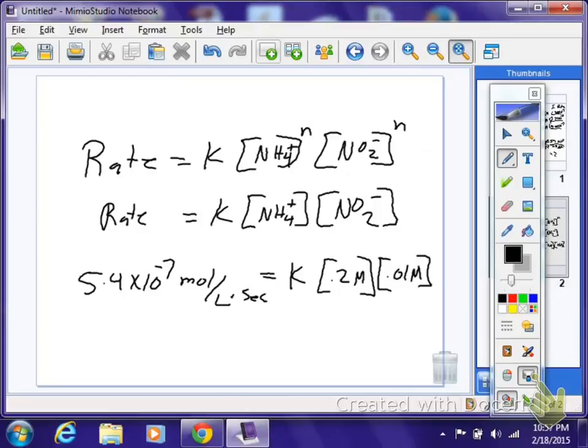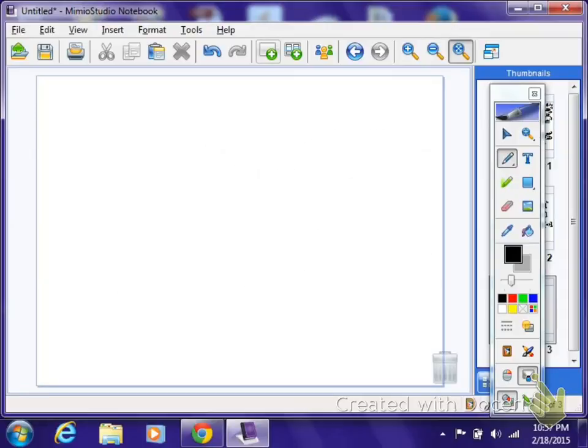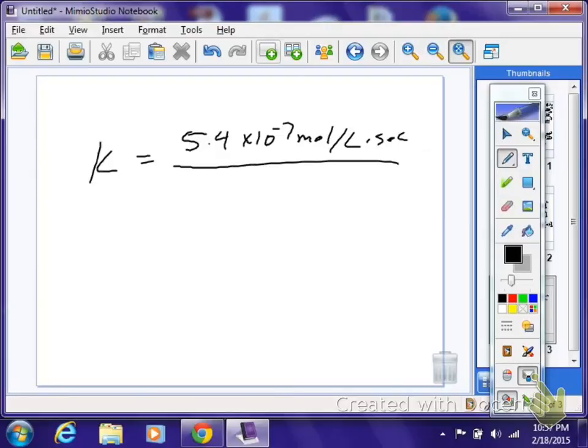So on this next page, I'll go ahead and write that again and set it up to solve for K. So K is going to equal the rate, which is 5.4 times 10 to the minus 7 moles per liter times seconds, divided by the ammonium concentration, which is 0.2 moles per liter, times 0.01 mole per liter.